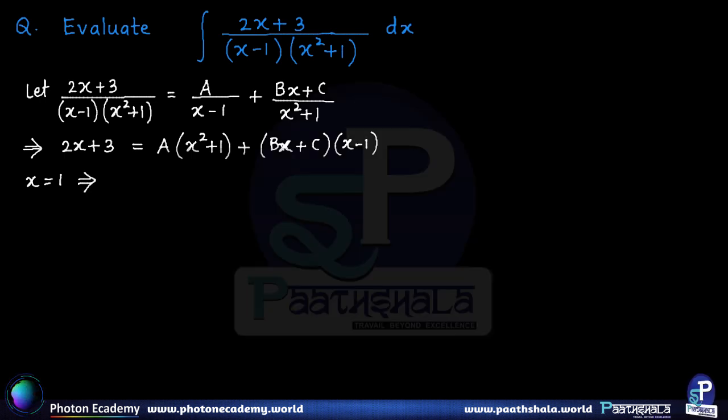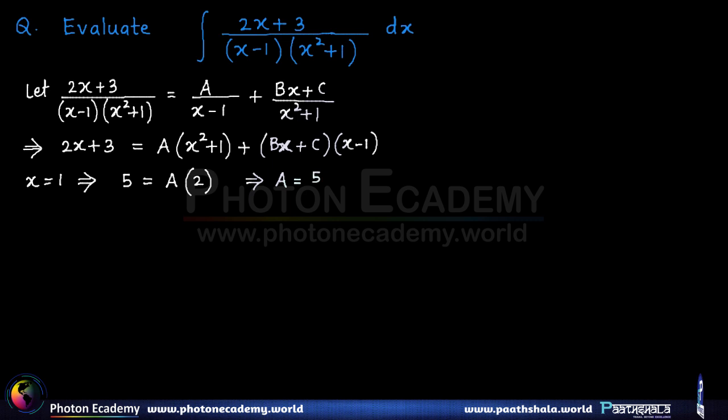On the left hand side we have 2 into 1, that is 2, plus 3, that is 5, equal to A into 1 square plus 1, that is 1 plus 1, which is nothing but 2. So that gives us A equal to 5 by 2. We got the first constant.